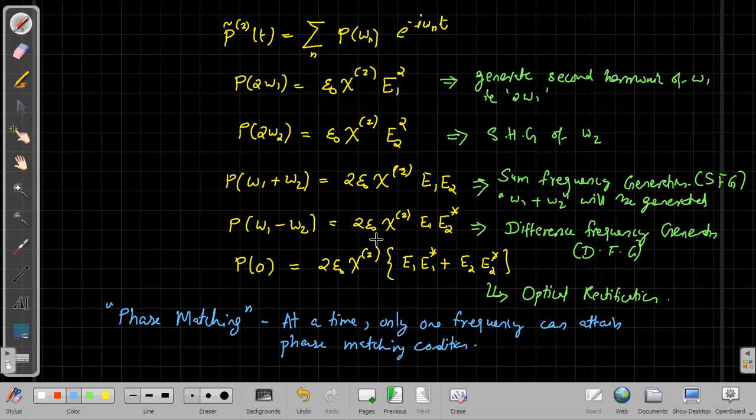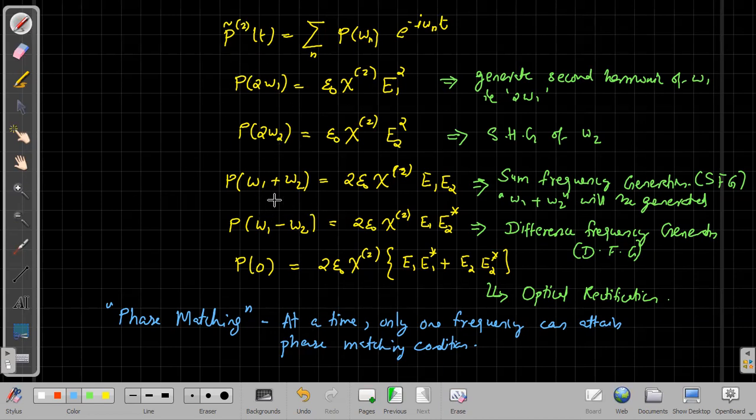So although we have listed four phenomena, optical rectification is a different thing because it is producing just a DC voltage. But apart from that, these phenomena produce an electromagnetic wave. So apart from these four phenomena, only one would be dominating, depending upon which frequency is satisfying that phase matching condition.